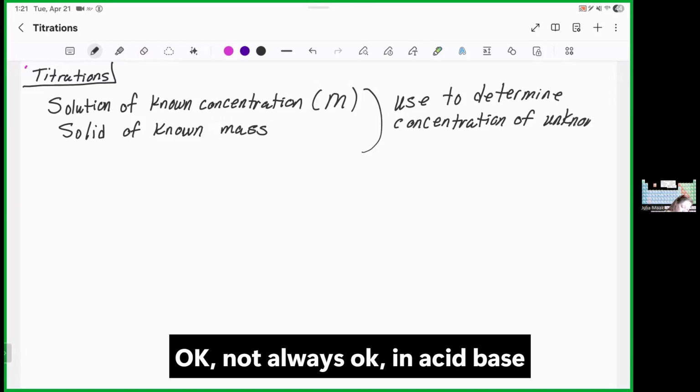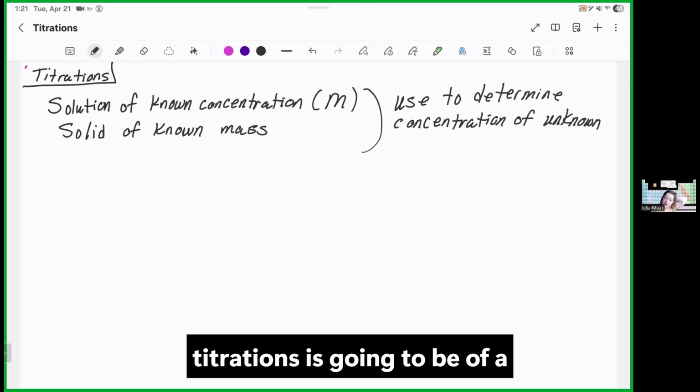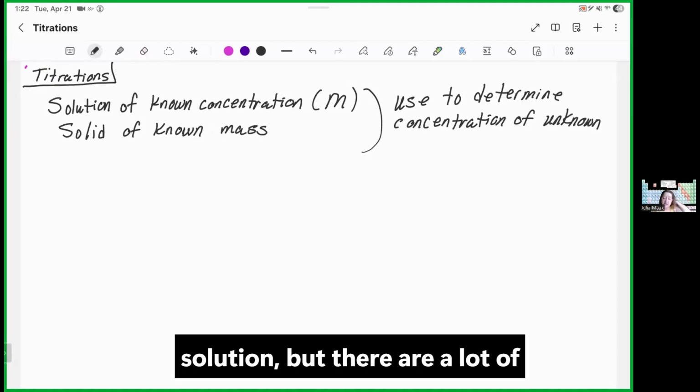Not always. Acid-base titrations are going to be of a solution, but there are a lot of types of titrations out there.